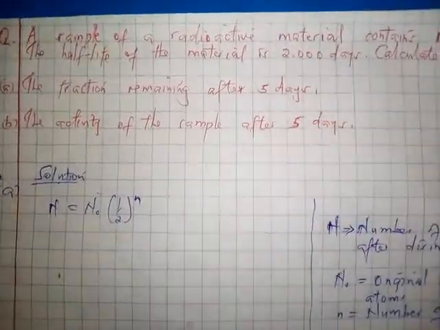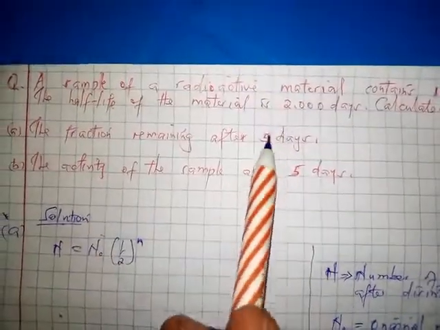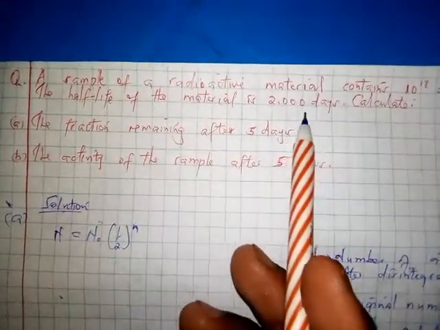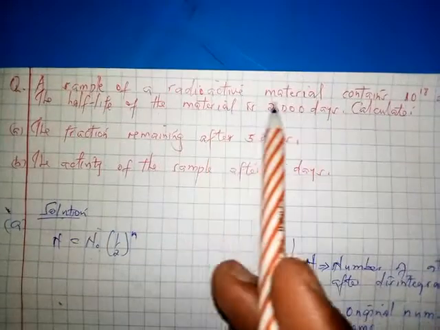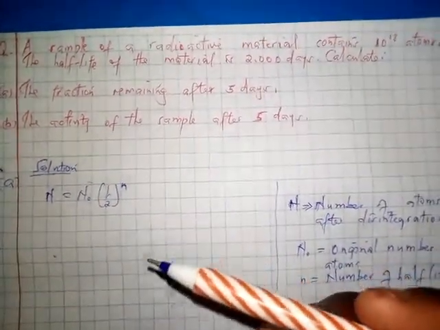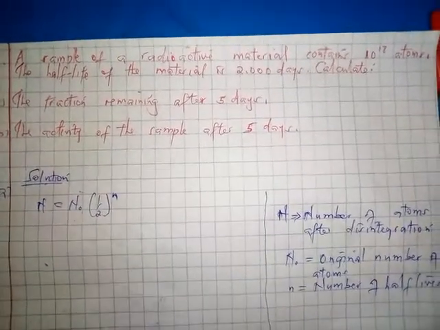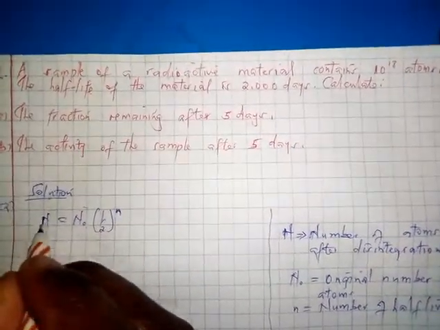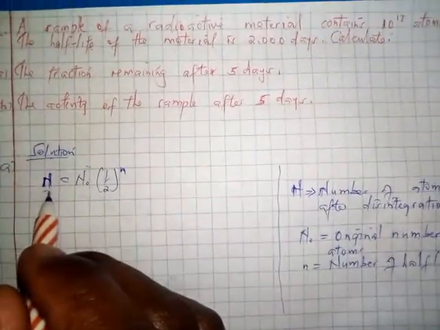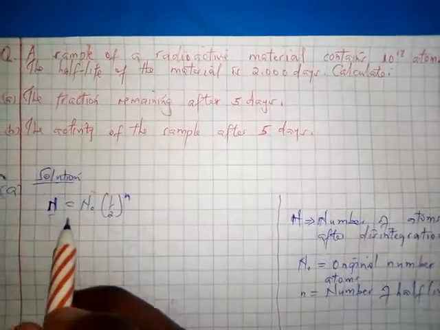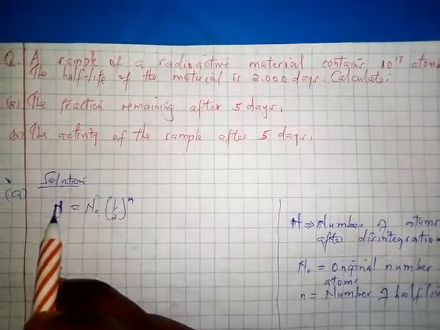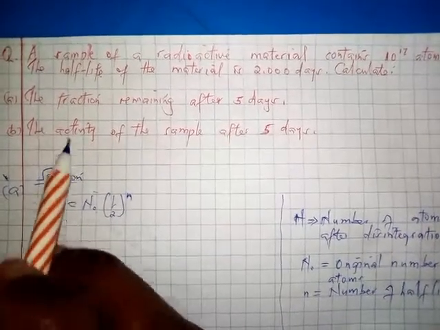So from the question, the half-life is 2.000 days and the original number of atoms is 10 raised power 18 atoms. So we have to find N, the number of atoms after disintegration, and after we are done with that, we find the fraction.